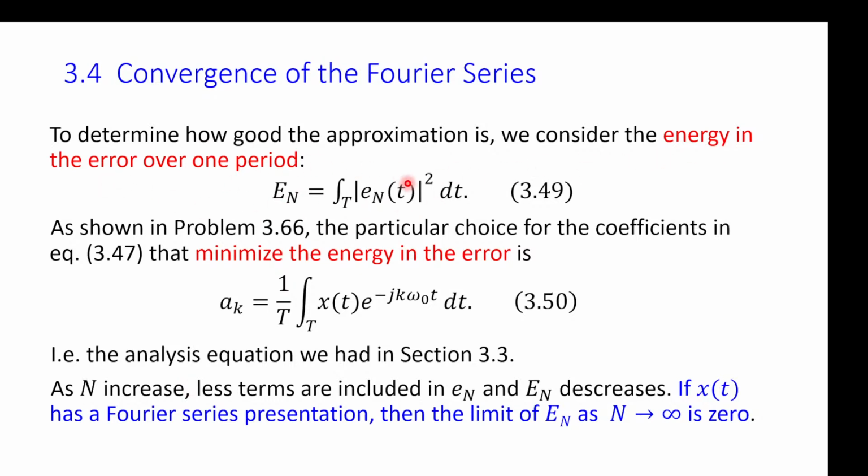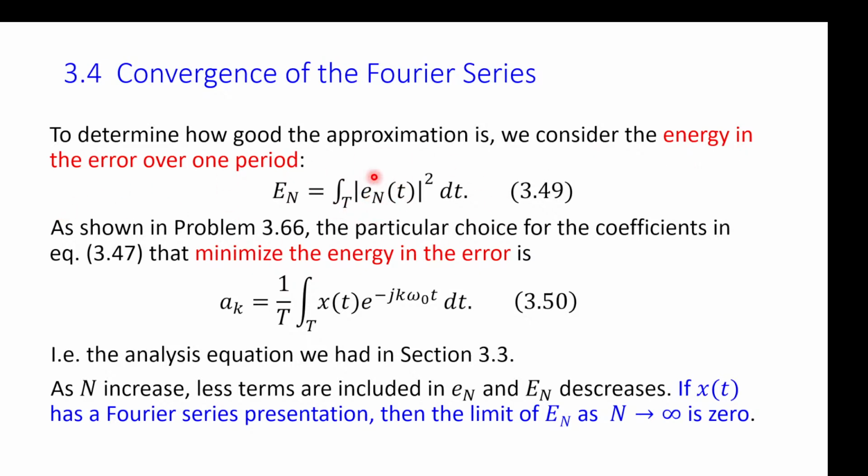So we only want to consider this big E sub N. That is, you are calculating the energy of your error term, so you are squaring E N and integrating over one period. Remember, in chapter 1, this is how we define energy.